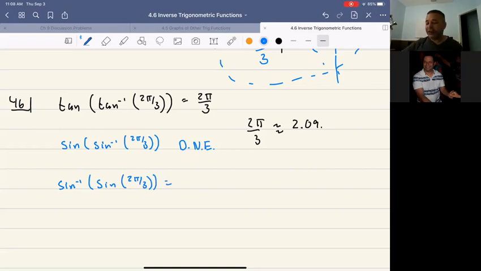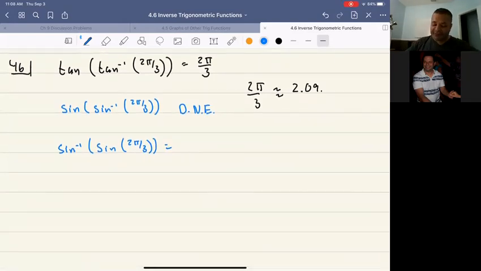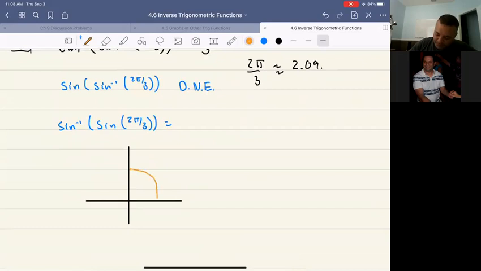So now, this one's awesome, actually. By awesome, I mean it's just awesome, okay? So we're going to draw the graph for the sine inverse, which is, remember, the right-hand side. 2 pi over 3 as an angle lives over here. Let me draw this a little better.